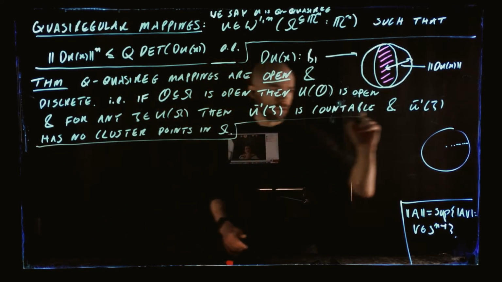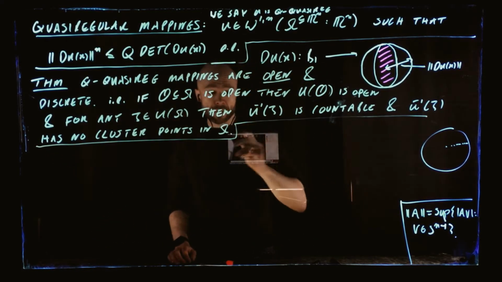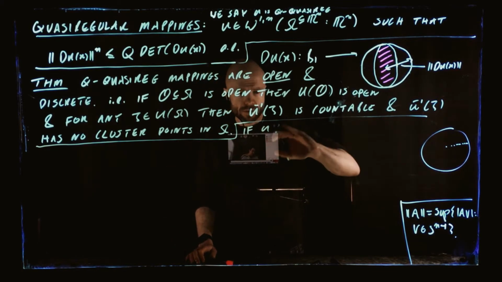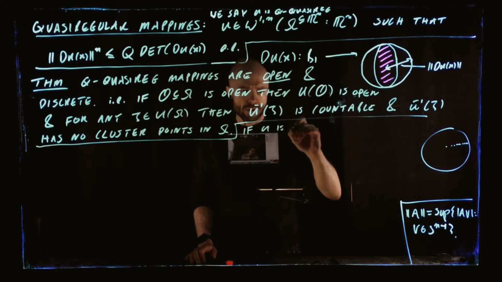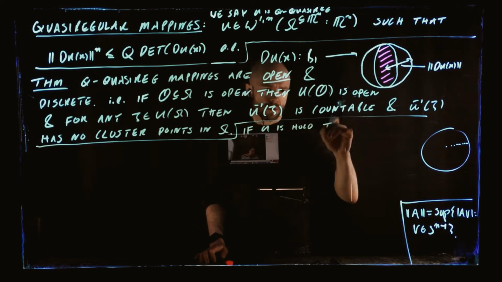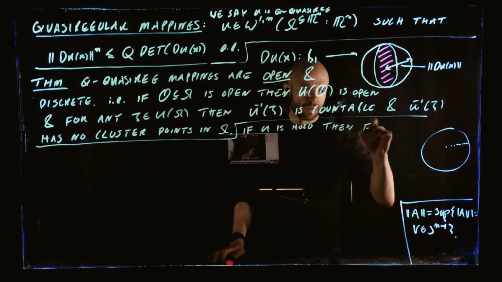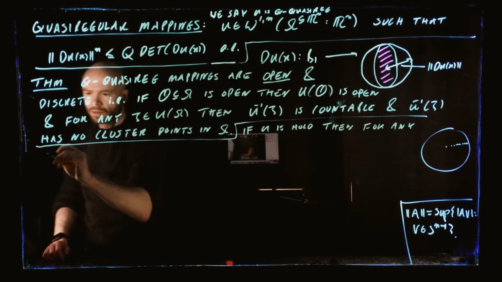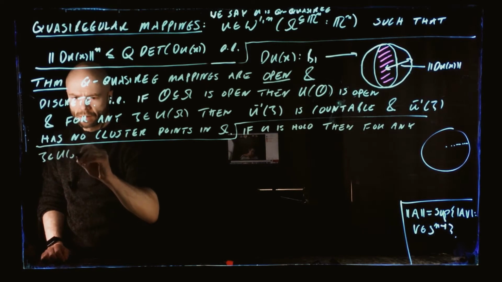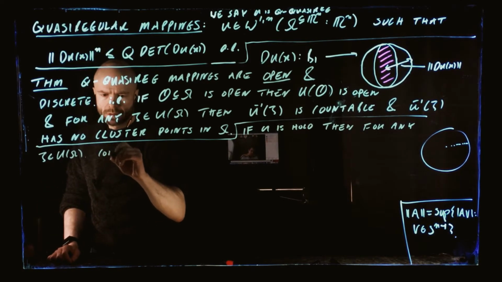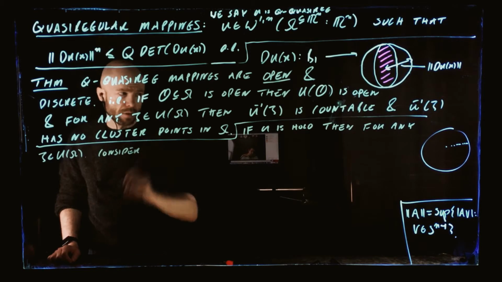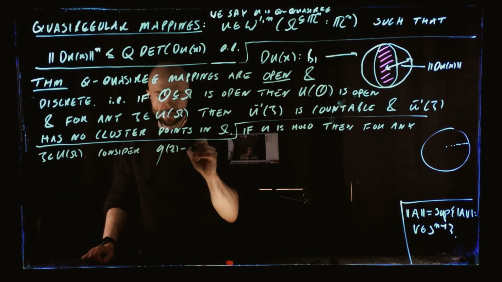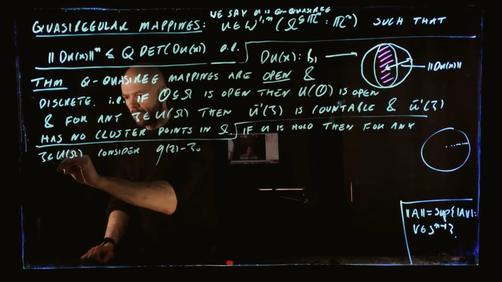so let us remind ourselves of some complex analysis. So if u is holomorphic, then any zeta belonging to this guy, consider the mapping, let's call it g(z) equals u(z) minus, let's call this zeta_0.